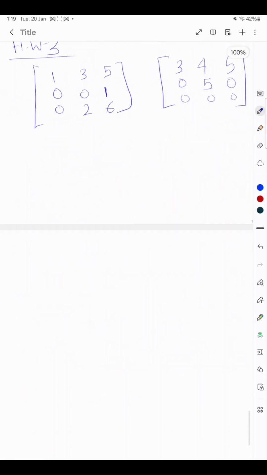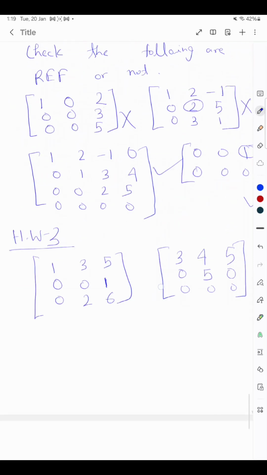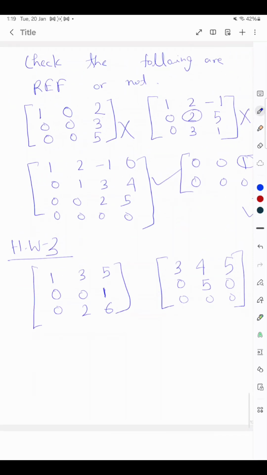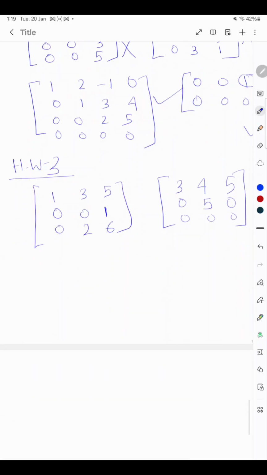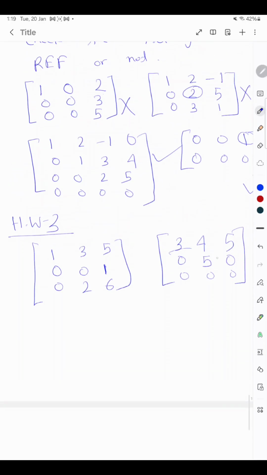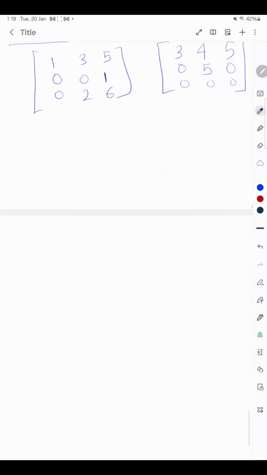In REF there may be numbers like 3, 5, this type of thing. Whenever you have RREF, all the pivot elements should actually be 1. Here you see 3, 5 coming, but you have to make those also 1.